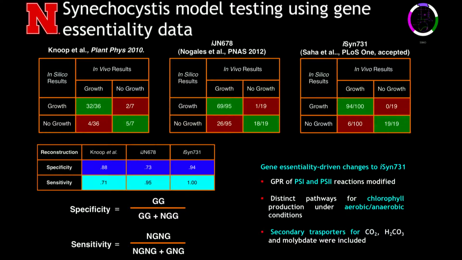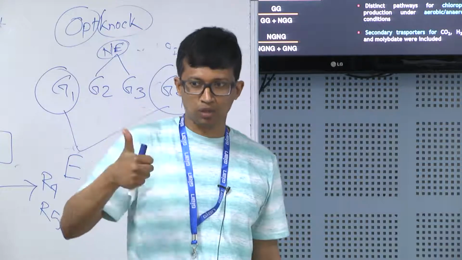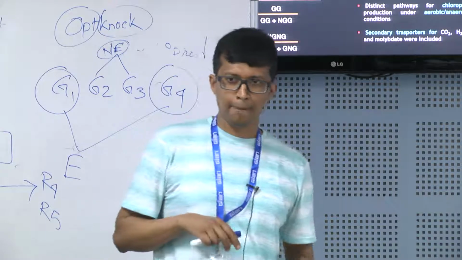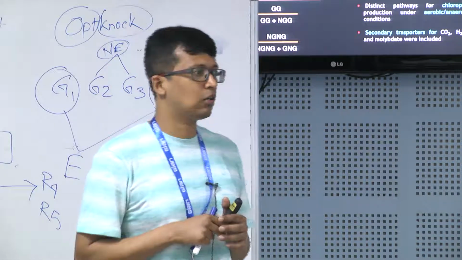But let me ask you this question now, see this number and tell me. If you see the model says no growth, but in vivo result says growth, what is happening? Why could the model not predict growth?